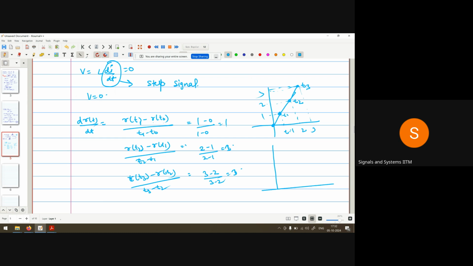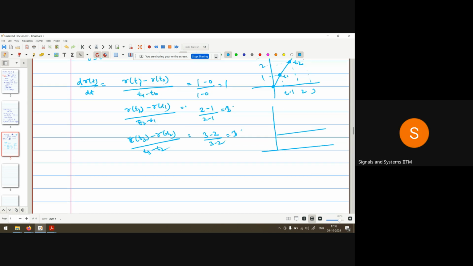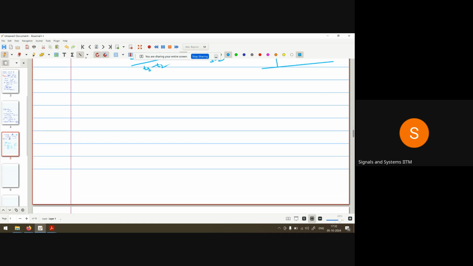Okay. Now if I say the voltage V is equal to L di by dt, and if my voltage is a step signal, the value of voltage is nothing but L di by dt.